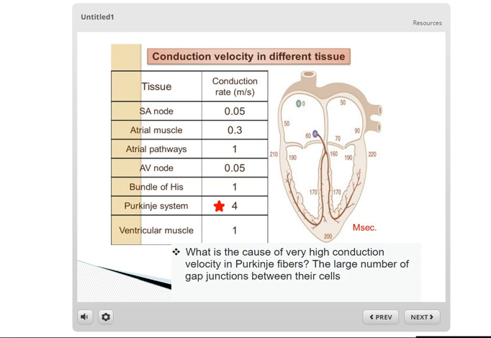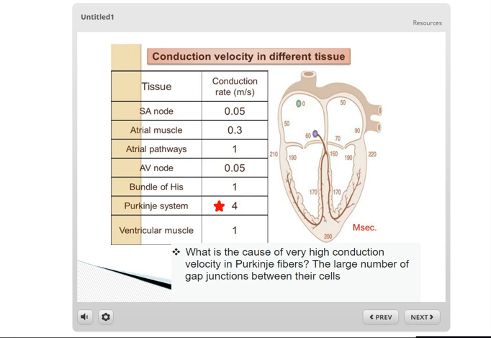For example, in the Purkinje fiber, the conduction velocity is approximately 4 to 5 meters per second. It rapidly conducts impulses to the ventricle myocardium, ensuring synchronous contraction of the ventricle.